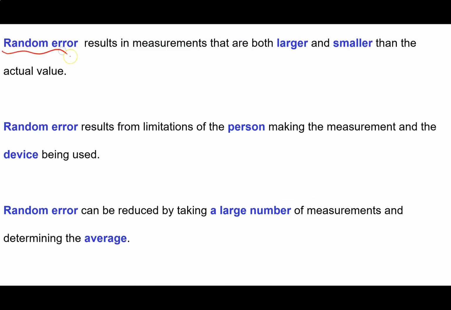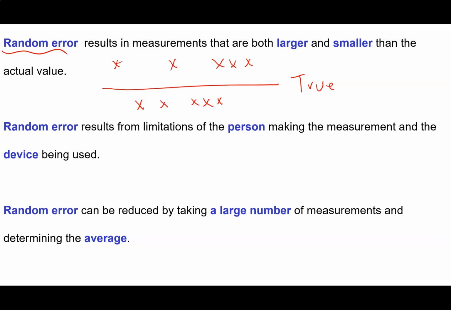Random error is a little bit more complicated. Random error, say there's your true value, is when you get some measurements that are too big, some that are too small, in a random way, and there's no real pattern to it. You get random error because people are only so good at making measurements, and devices can only be constructed so well.